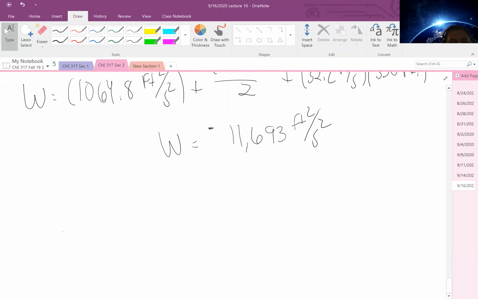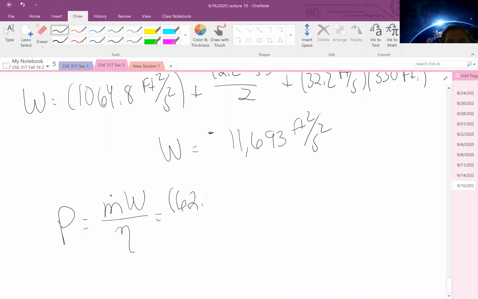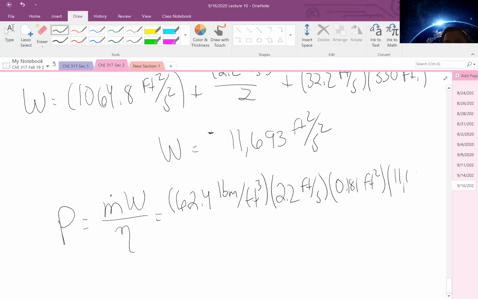So then to solve for power, once again, mass flow times work over efficiency. The mass flow rate is the density, 62.4 pound mass per cubic feet, times the velocity, 2.2 feet per second, times the flow area, which for a 6-inch Schedule 40 pipe was 0.181 square feet. So then we add the work, 11,693, and then we divide by the efficiency.